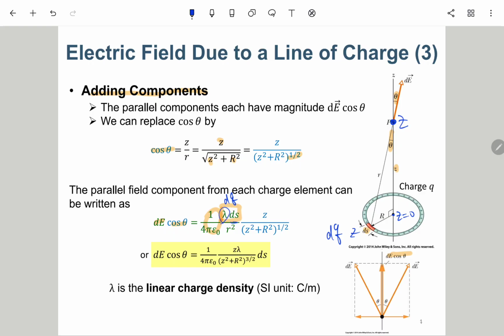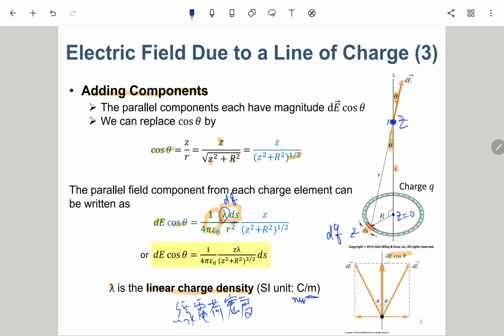Here comes another variable, lambda. Lambda is defined as the line charge density, which means within a unit length, within 1 meter, how much charge is on that meter.